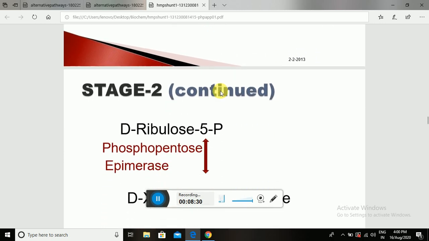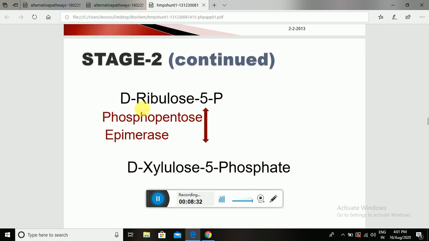Then in the second step, D-ribulose 5-phosphate gets converted into D-xylulose 5-phosphate, and the enzyme is phosphopentose epimerase. The ribulose gets converted into the xylulose. It is an epimerization reaction, a change in the position of the hydroxyl group.